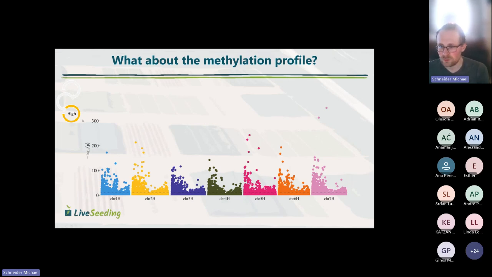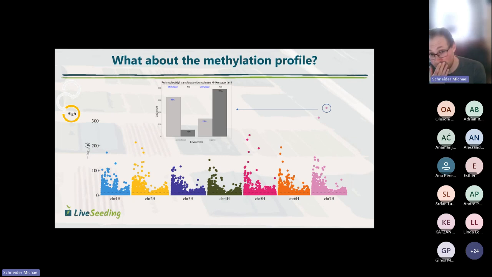We see some regions in here, and when we are digging into, for example, this one here, we can identify how many of the CpG islands, as they are called, are methylated or not methylated per the respective environment. And the more these are methylated, the lower the chance that this gene is actually expressed.